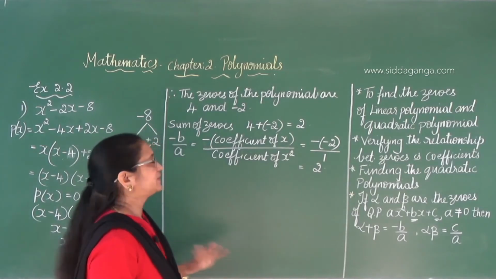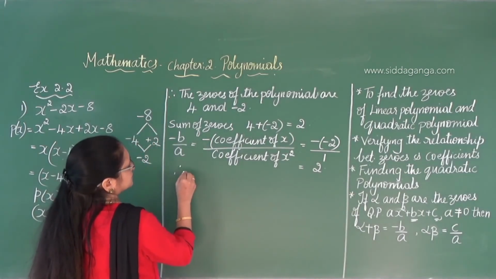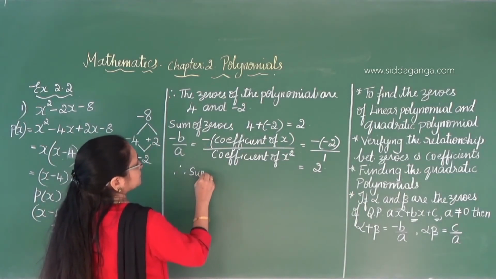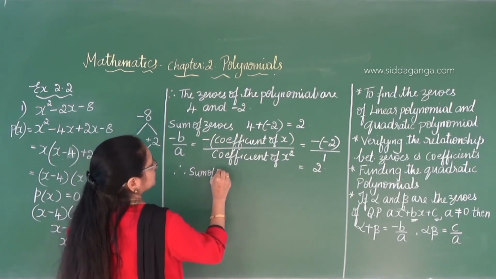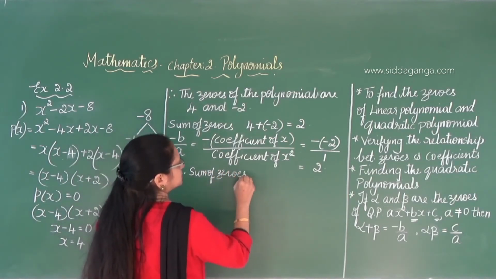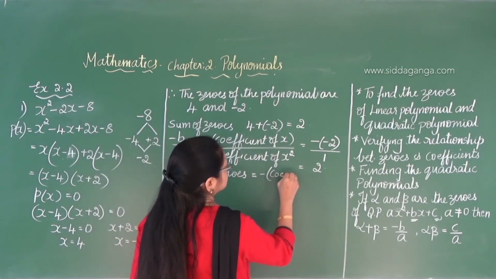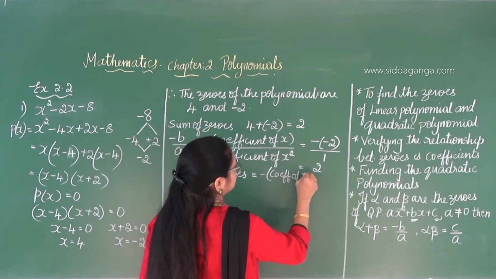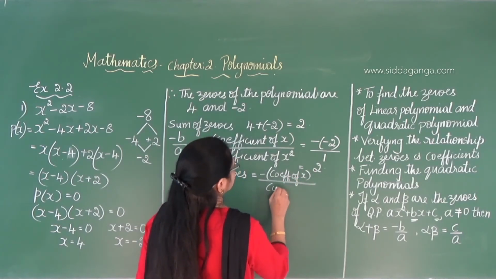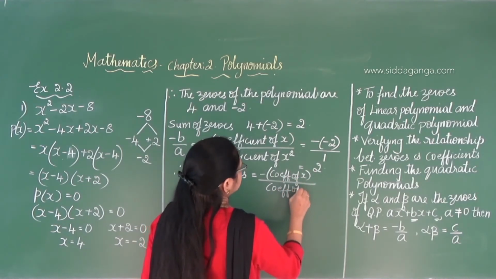Now you have verified. So you can write like this. Therefore sum of zeros is equal to minus of coefficient of x divided by coefficient of x square.